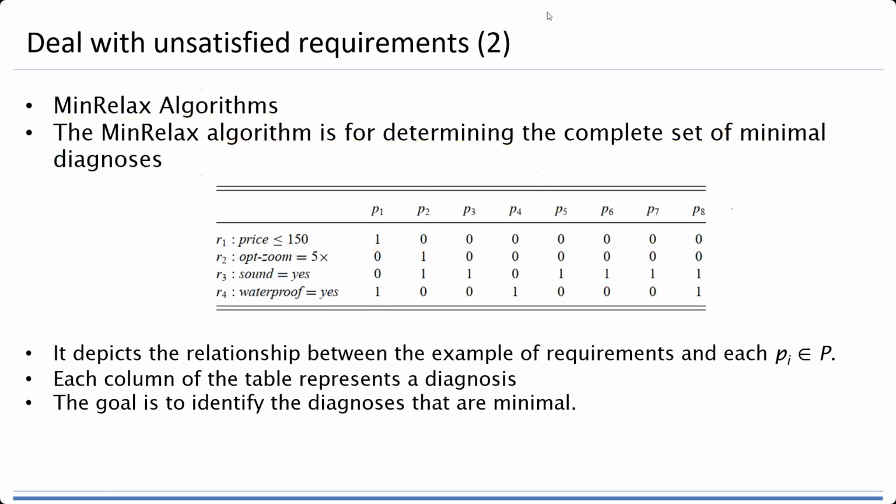If we have requirements R1 and R2, this is a conflict set because we cannot find any result. If we use R1 and R4, then we can have one result, and so on.